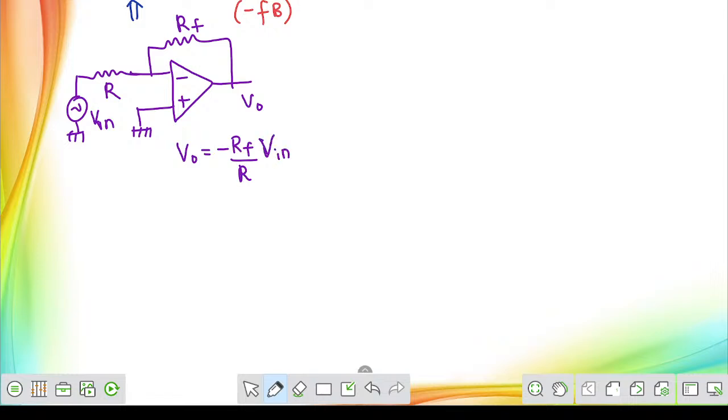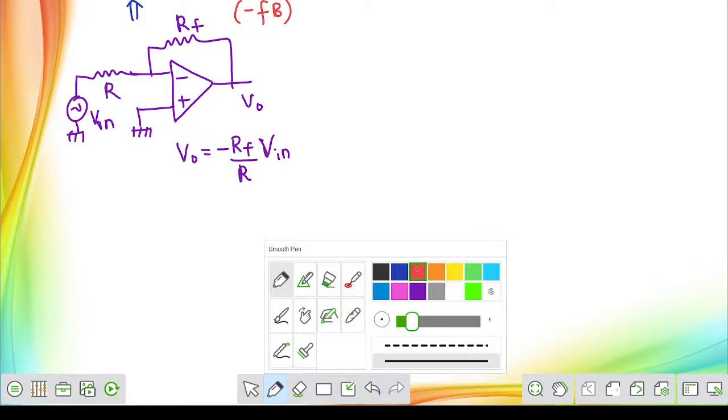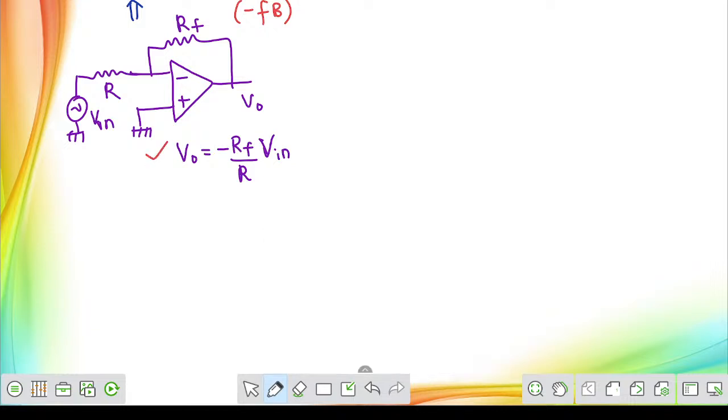Just to recollect once because it is a revision class. Similarly, if the supply voltage is given across the non-inverting terminal, then the output voltage becomes 1 plus RF by R into Vin. What is the conclusion here? If the supply voltage is given across the inverting terminal, the output voltage is 180 degrees shifted from the input.